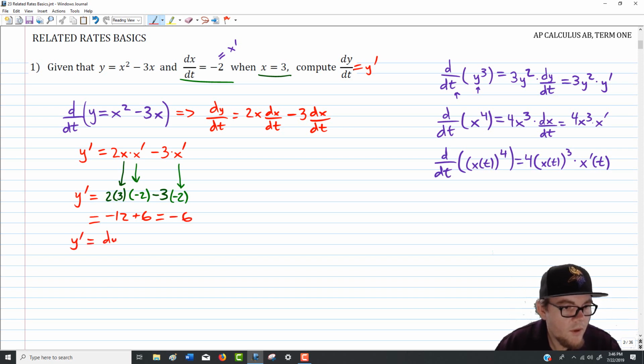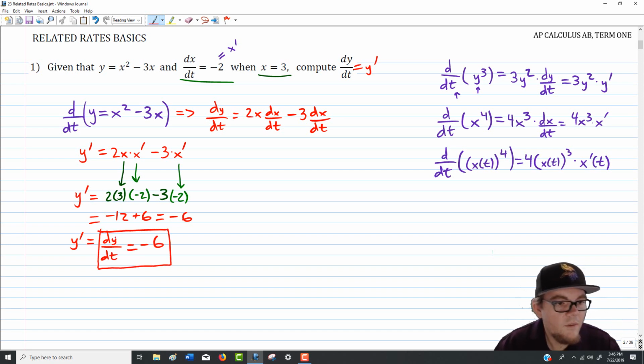So y prime, which we're going to call dy dt, is equal to -6 at this time. And so we have our rate of change of y. And again, the reason that our answer comes out with a rate of change of y with respect to t is simply because we knew what x was changing with respect to. We knew how x and y were related to one another. So our result is just a particular rate that comes out of that relation.